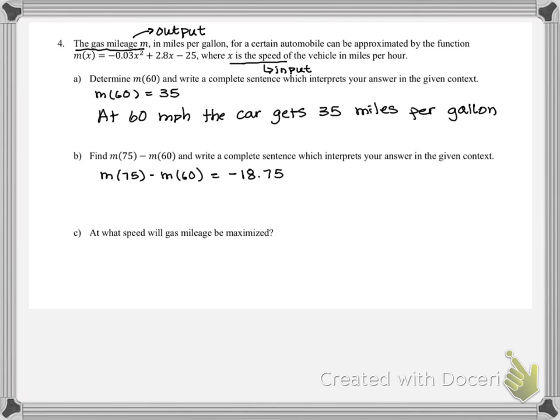What does that mean? That the difference between the mileage is negative 18. Yeah, so when you drive 75 miles per hour, you get 18.75 miles per gallon less than if you drive 60 miles per hour, right?